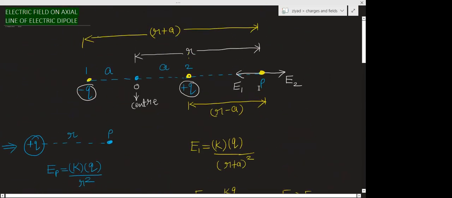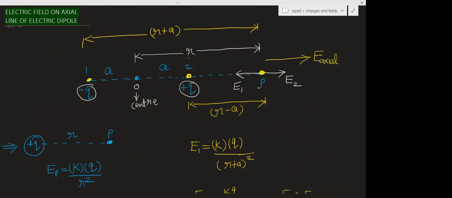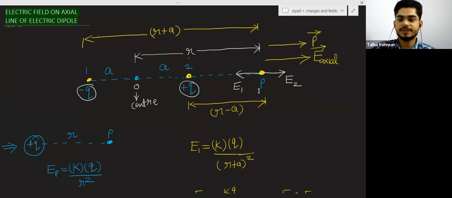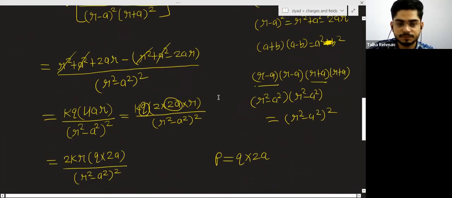So the net direction of electric field will be in this direction. This is the direction of E axial. So from negative to positive, and the direction of dipole is also in this direction. So direction of electric field and direction of dipole moment is the same.